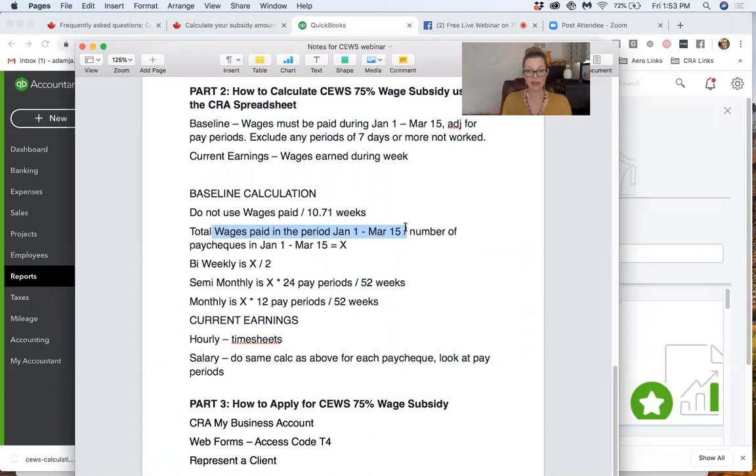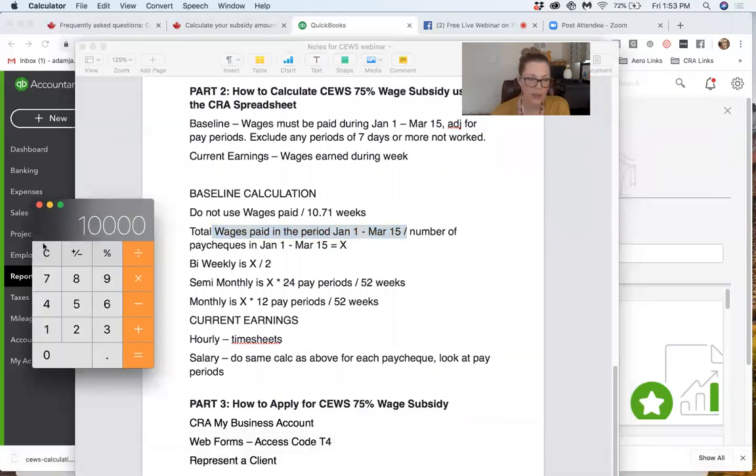And then you're going to divide that by 5 paychecks if you are semi-monthly. So this person has received $10,833.33 gross wages. And then you divide it by 5 paychecks received, which would be an average of 2,166 per paycheck, right?